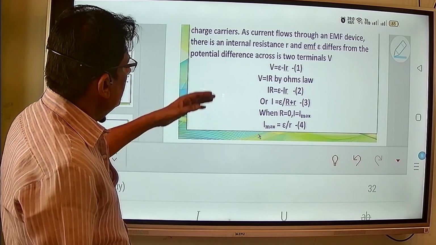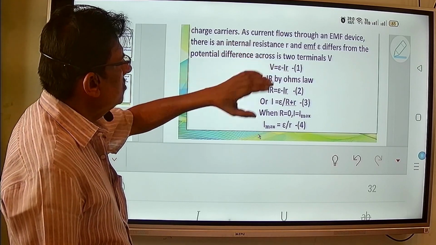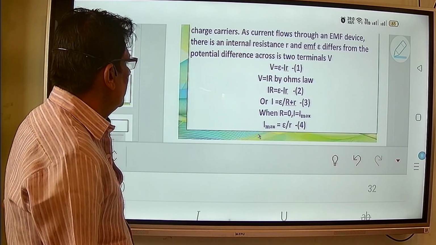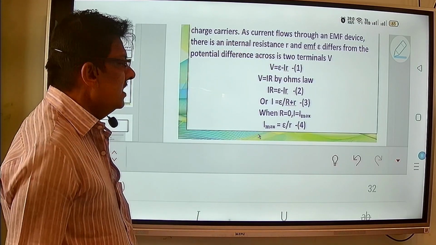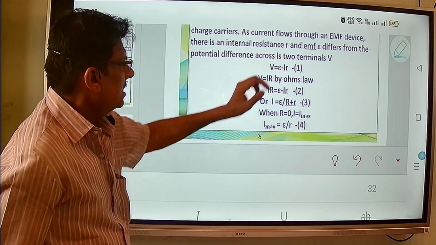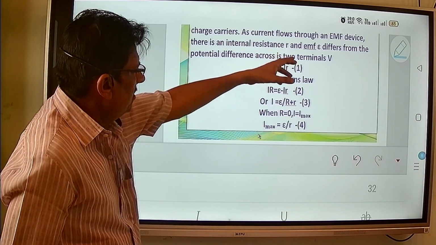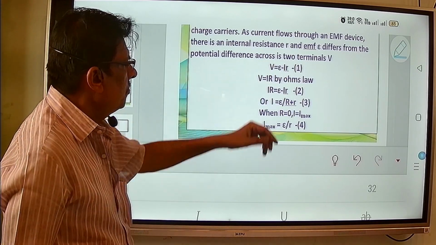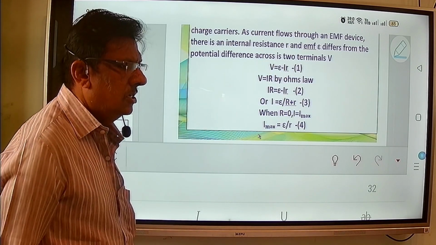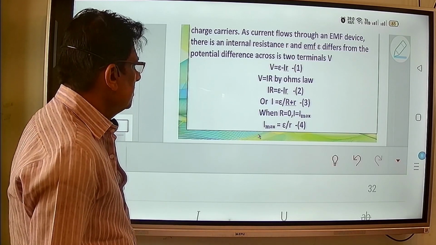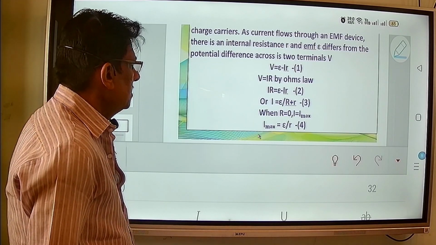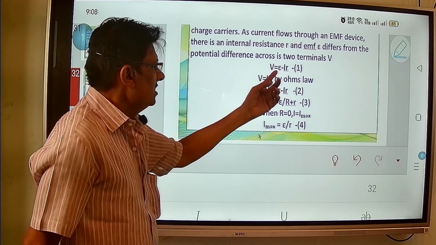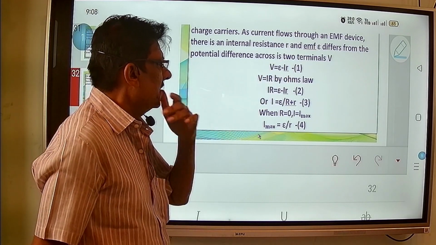So when current flows through a device, if I have an EMF device, that EMF contains internal resistance r, and this differs from the potential difference across the two terminals, that is V. So it is written as V is equal to E minus Ir.